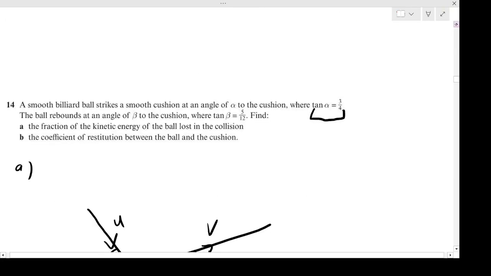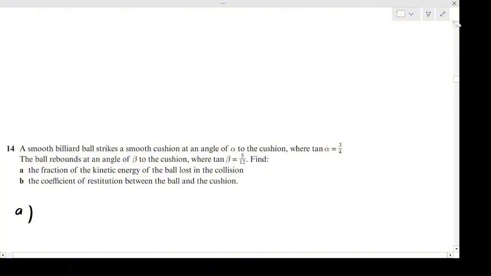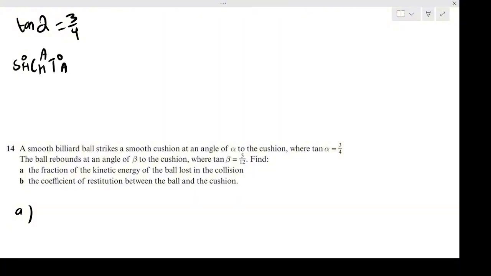Now we're not told what the angles are exactly, but we're told what tan of it is. Remember, we looked at examples in previous chapters where we can use tan alpha to find sine and cos. So firstly, tan alpha is 3/4. Now remember your SOHCAHTOA. We can easily find sine and cos without having to do inverse by using a triangle like this.